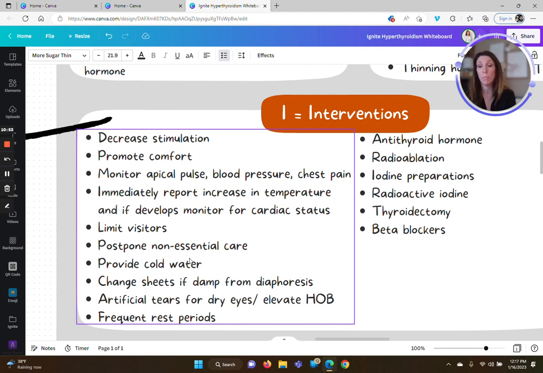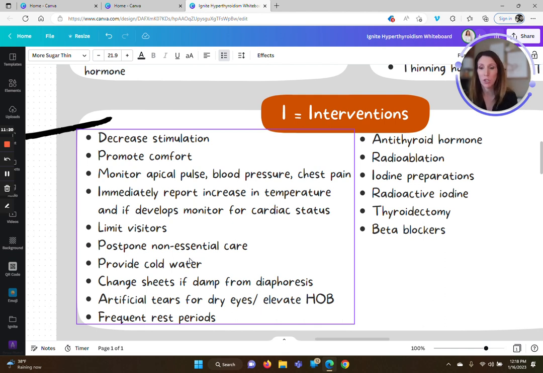And then we need to immediately report increases in temperature over 1 degree, okay? If the increased temperature develops, we really need to monitor the cardiac status, okay? So the temperature is one of the first things that really starts to elevate in patients with hyperthyroidism, and we're going to talk about the extremes in a minute, and that is one of the things that we monitor closely, is temperature.